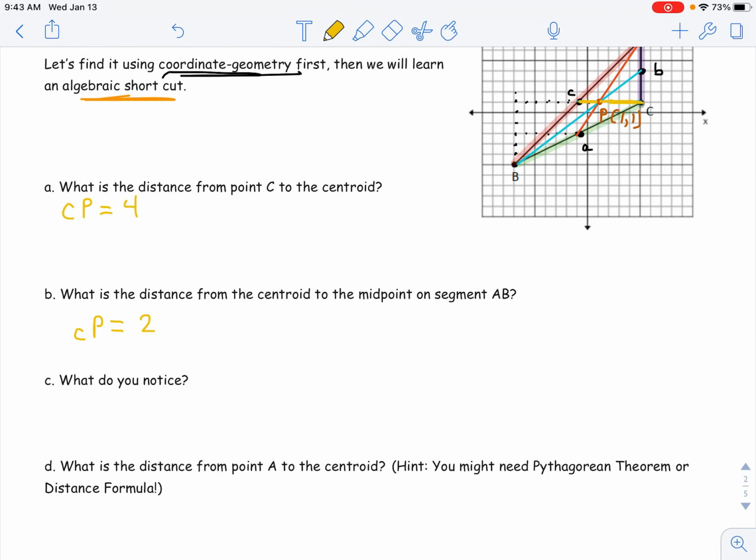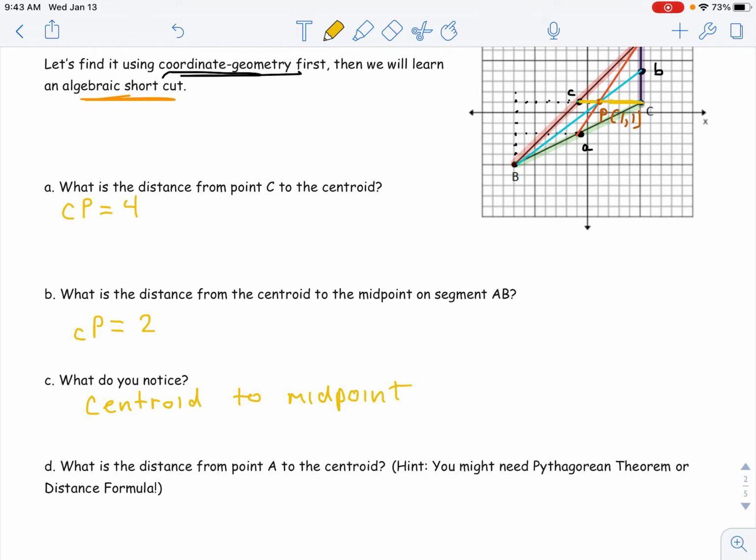What did we notice? Centroid to, we're just oversimplifying right now. There's a billion ways we could phrase this.